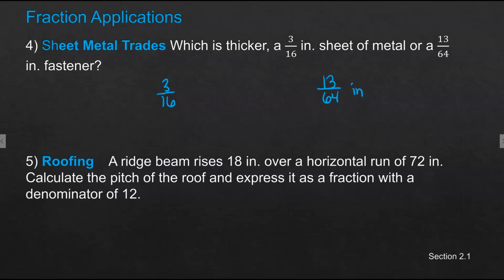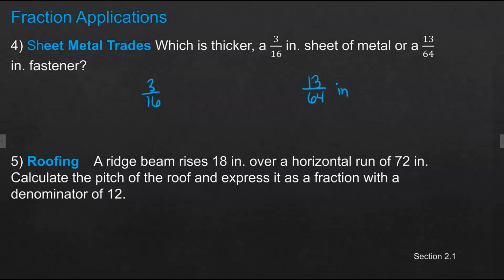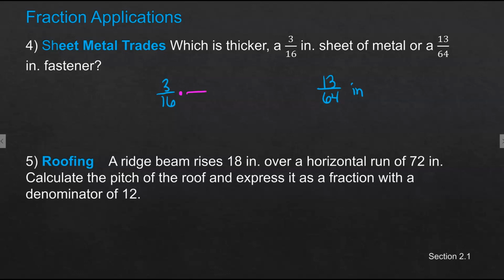And that means we need to rewrite 3/16 with that denominator of 64, right? So we want it to be a 64 in the denominator. And that means we multiply it by 4. And that for the numerator and denominator, that gives me an equivalent fraction. And this one is going to be 12/64.